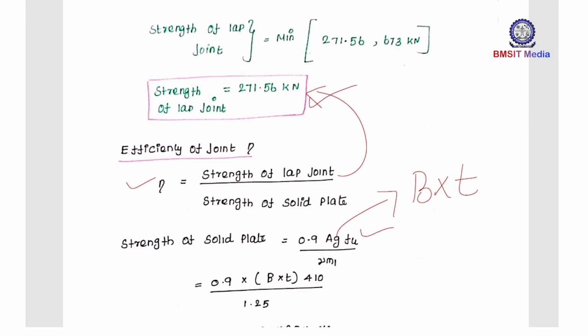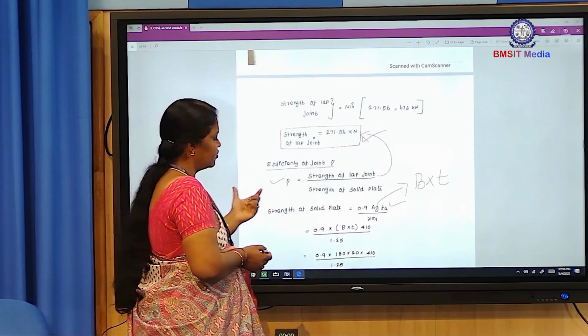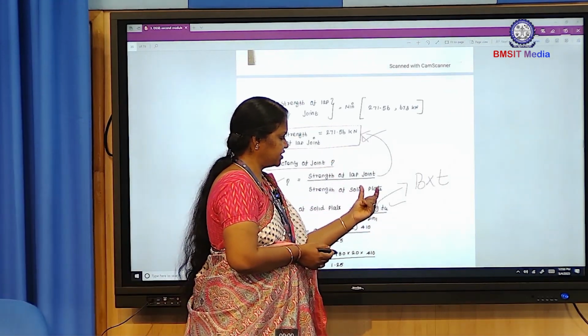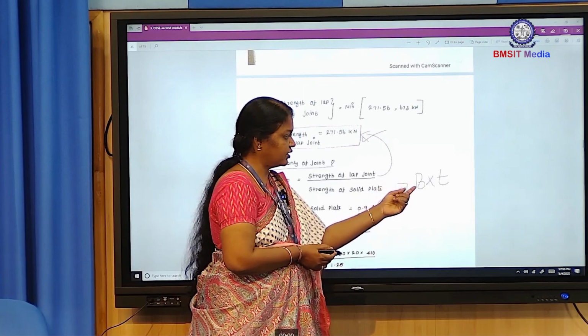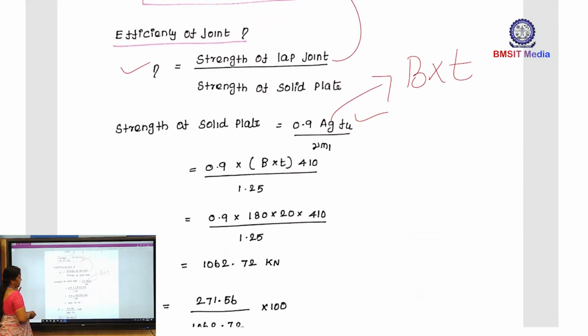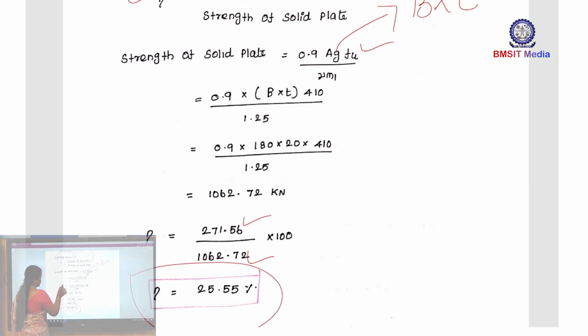In the previous case, we deducted the d naught, but here no need to deduct the bolt hole diameter; we only consider the entire solid width. Divide by gamma m1, that is 1.25. So, find out, that is 1062.72. This one is the strength of the solid plate. Divide the strength of the lap joint by the solid plate and multiply by 100, we get the efficiency.